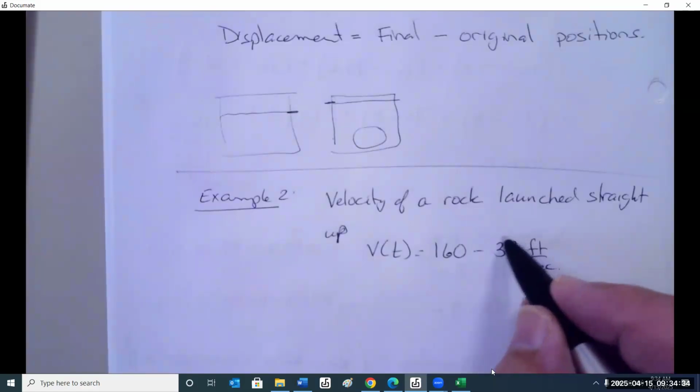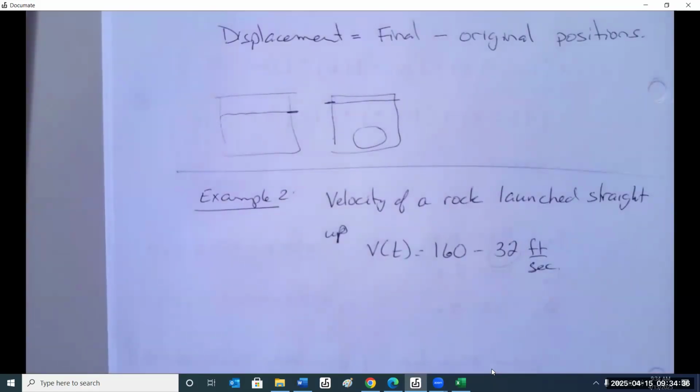Notice this number now. Now it's 32. It used to be 9.8. What happened? Right, because of the units. Whenever you deal with the metric system, we use 9.8. Whenever you use our system, the SAE in America, we use 32 feet per second.